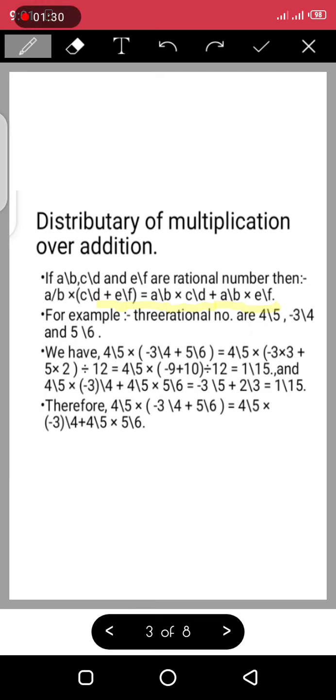So we have three rational numbers: 4/5, -3/4 and 5/6. According to this equation, a/b × (c/d + e/f), here we have a/b = 4/5, c/d = -3/4 and e/f = 5/6.